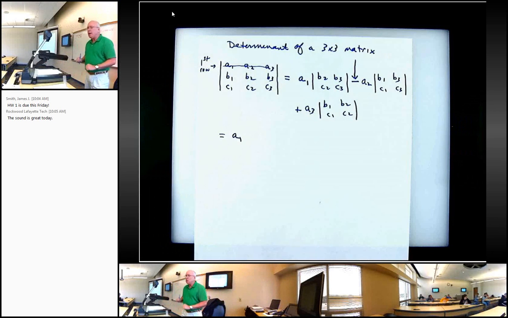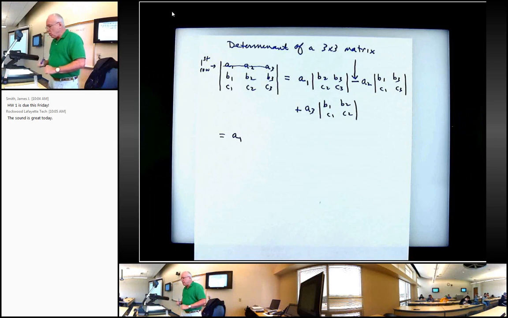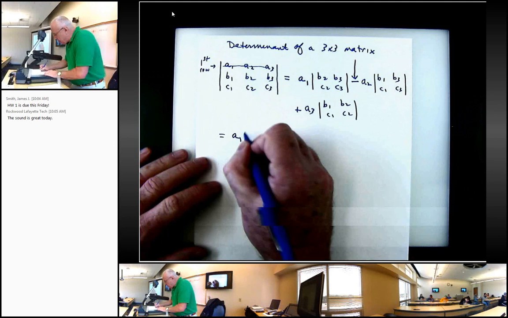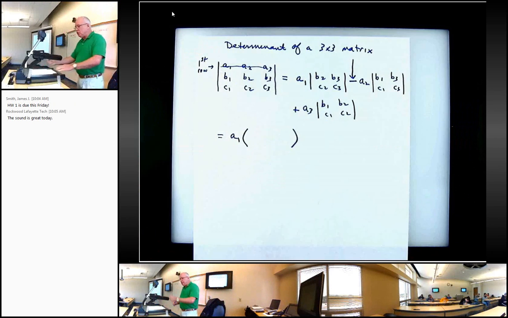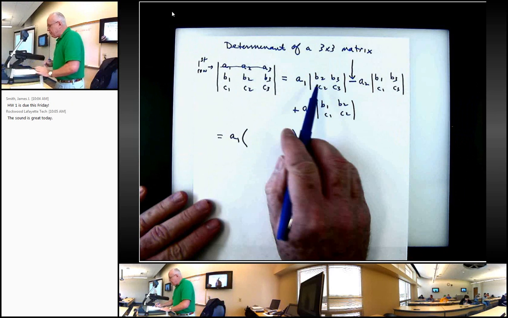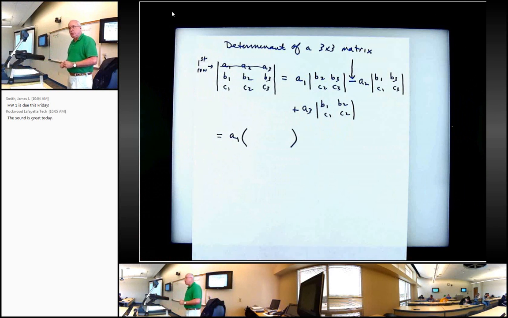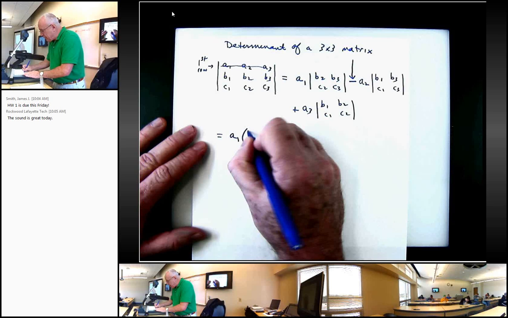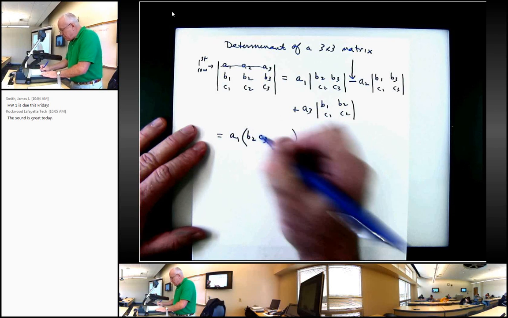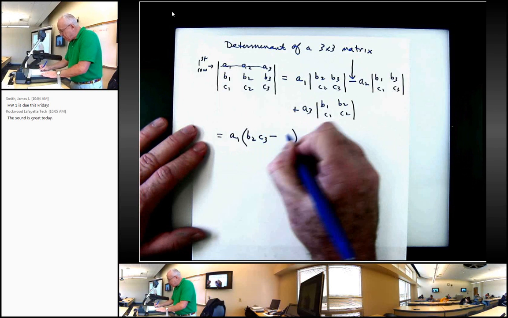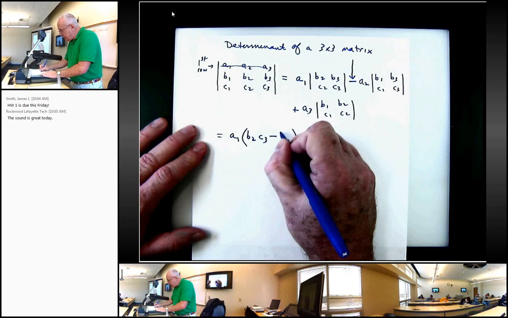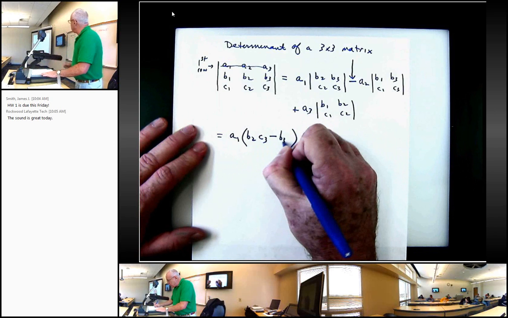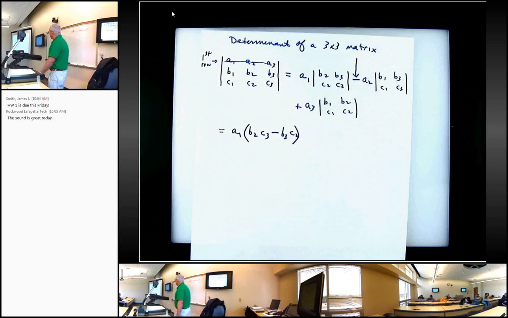So we start back with the first element there, A1, and then what we're going to be multiplying it by is the determinant of this B2, B3, C2, C3. Now that's the down diagonal product, B2, C3, minus the up diagonal product, I'll say B3, C2. I'm just multiplying in a different order.